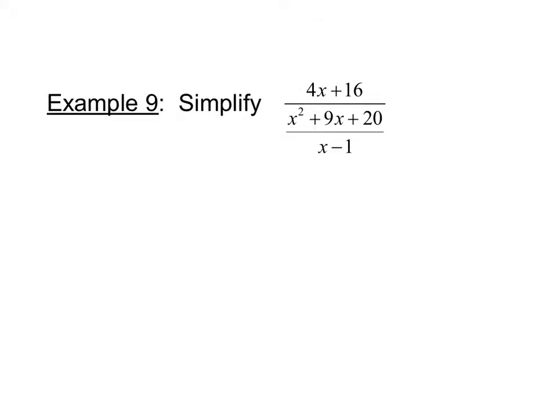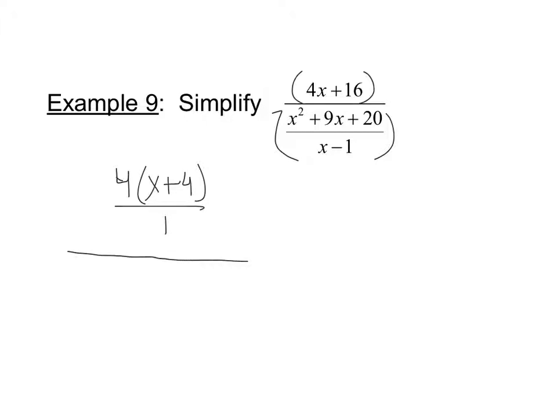So here's the thing. This is the bottom, this is the top. So watch what I do here when I factor this. I'm going to factor out a 4, get x plus 4 over 1. So there's my new top. The bottom, this is going to factor into x plus 5, x plus 4 over x minus 1.